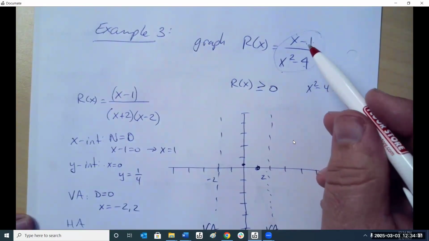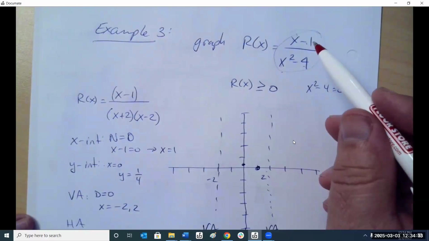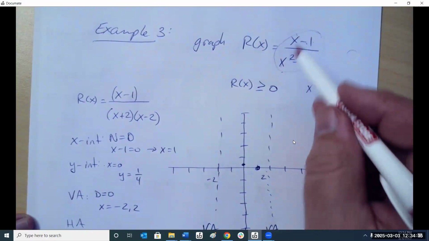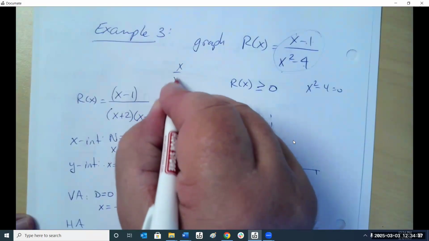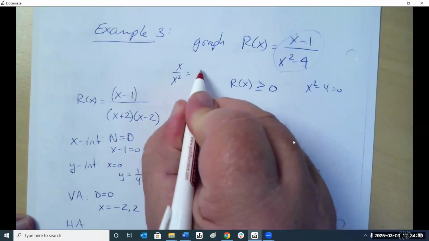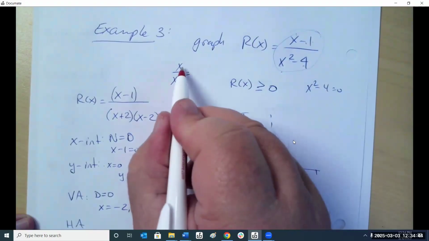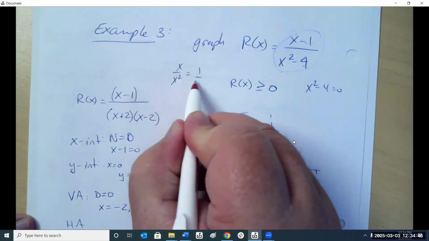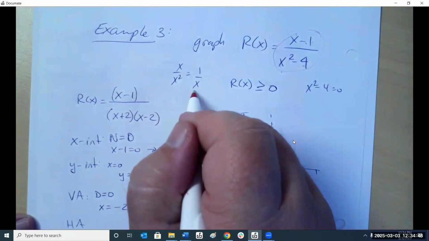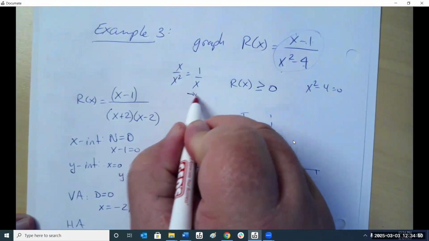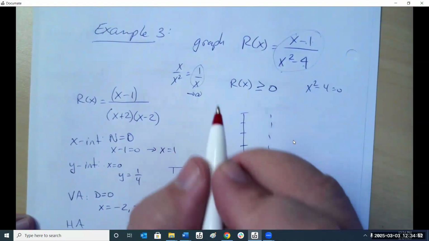So what does that mean? If I have x over x squared and I cancel those, what do I have? If I can cancel 1 x, right? As x goes to infinity, where does this function go?